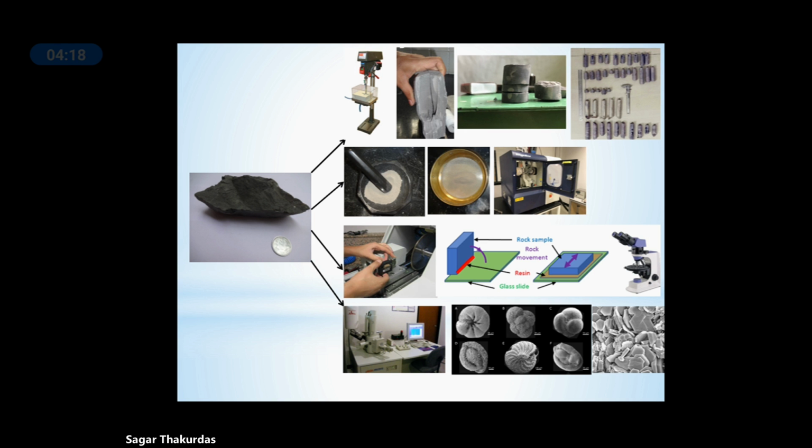The setup is shown, and adjacent to the setup you can see different types of foraminifera, pictures taken with the help of a scanning electron microscope, which give you much more detailed information than normal optical microscopy. And also you can find out the minerals present in the rock.